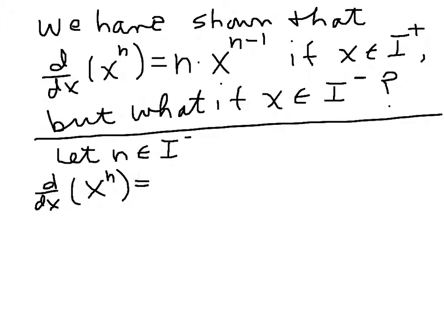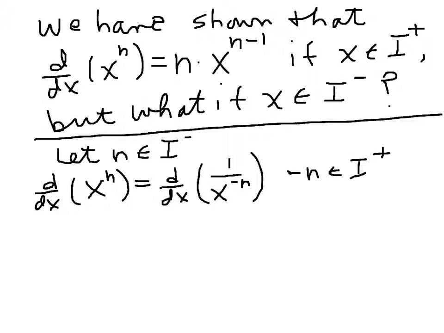So our properties of exponents enable us to rewrite this as 1 over x to the minus n. Notice that minus n is a positive integer. And so I could use the quotient rule and the power rule to take the derivative of this.